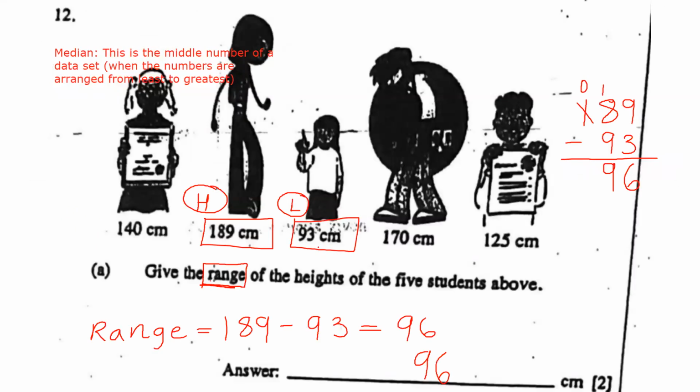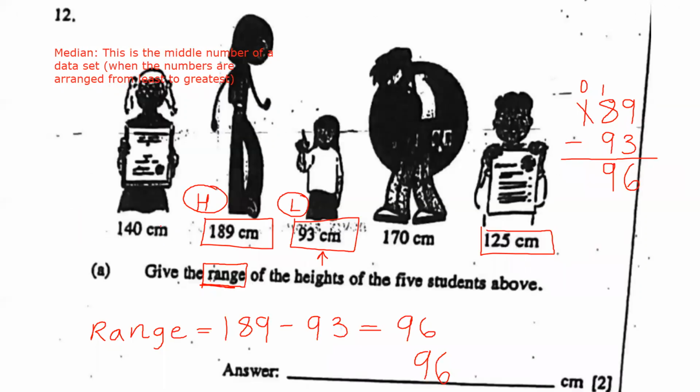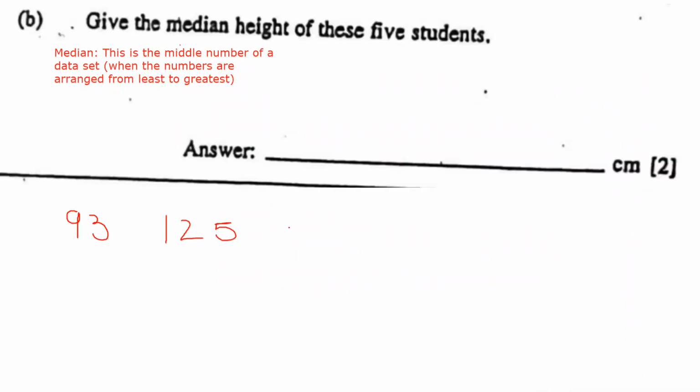So after 93, which is the second lowest? Then we have 125 after that. After that, we have 140.